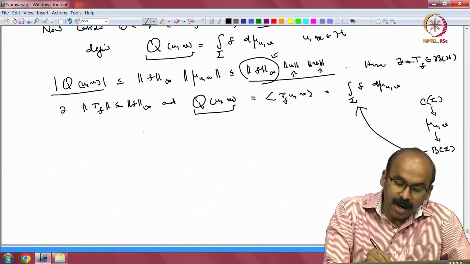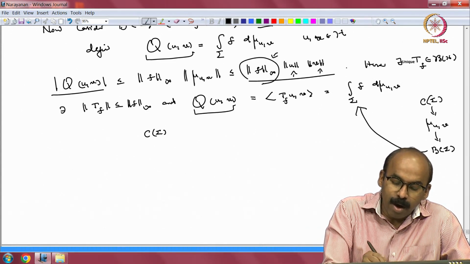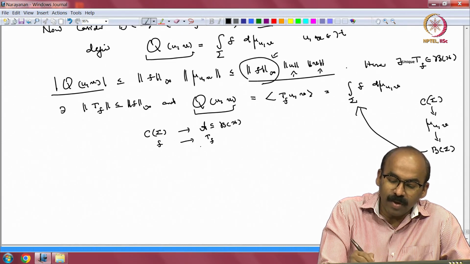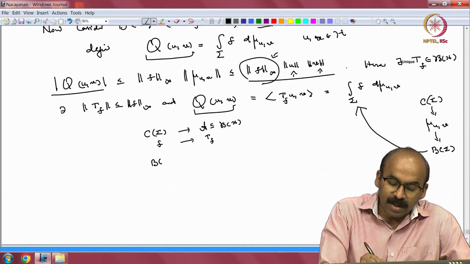So, we had this C sigma to A which was sitting inside B of H, that was f going to T sub f.